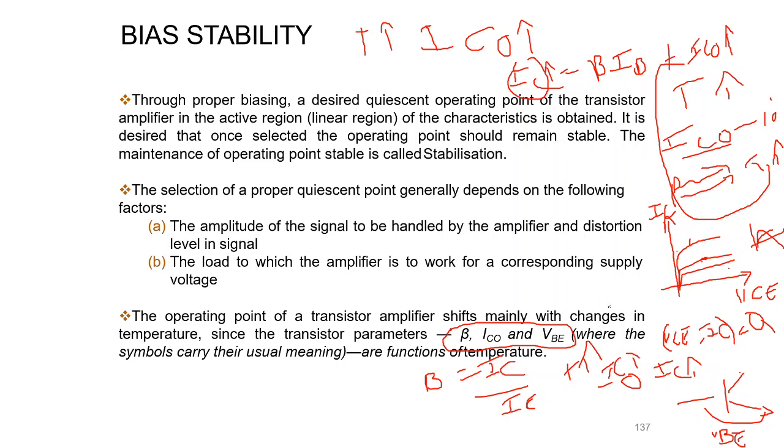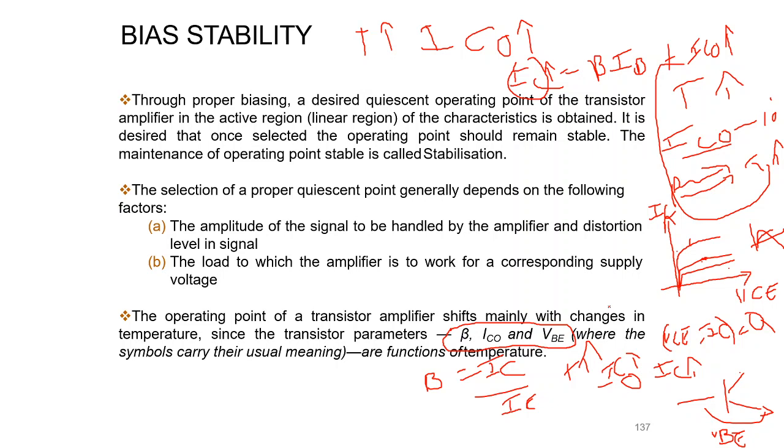So the operating point is nothing but the coordinates of VCE and IC, or else the output voltage and the output current, which will be called the Q point. Maintaining that Q point, we are going to call the stabilization process, or stabilization. So how are we going to maintain that?